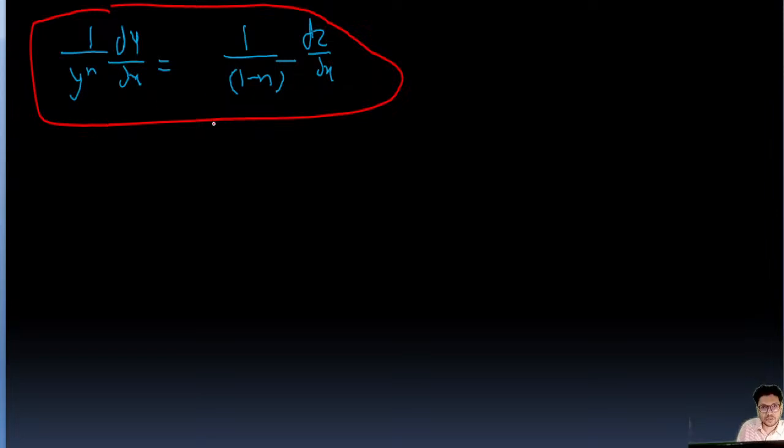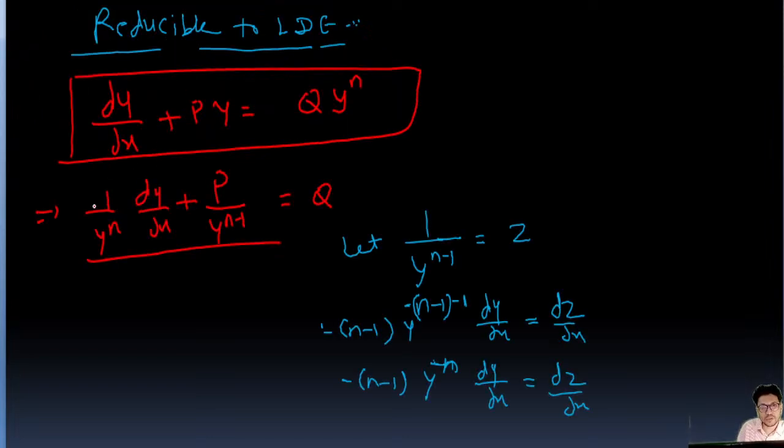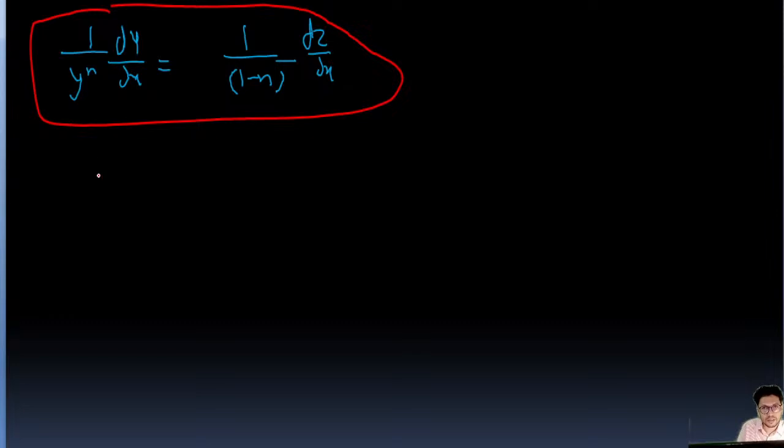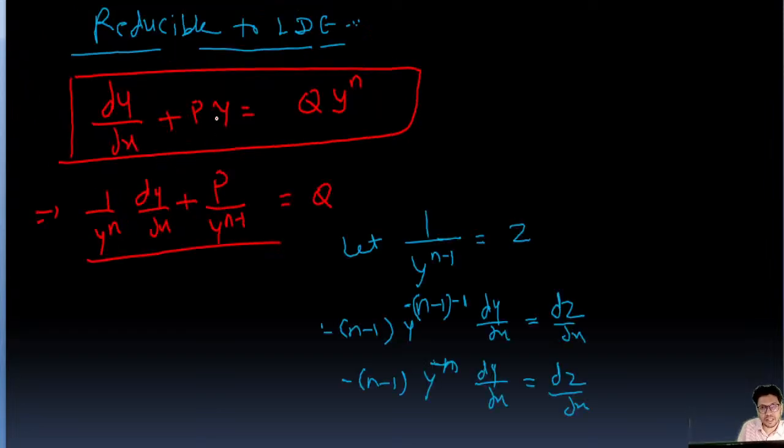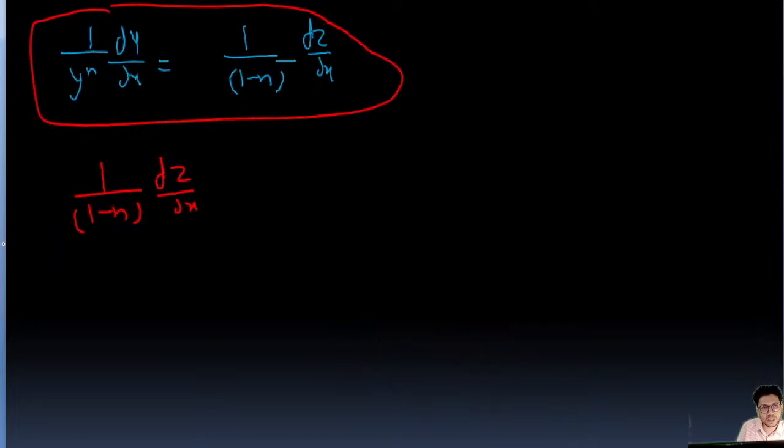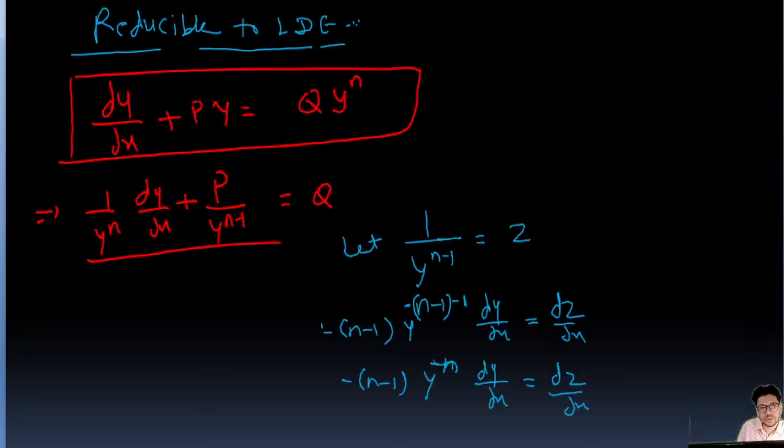So after that, the equation is going to be like this: 1 upon 1 minus n dz upon dx plus pz equal to q.